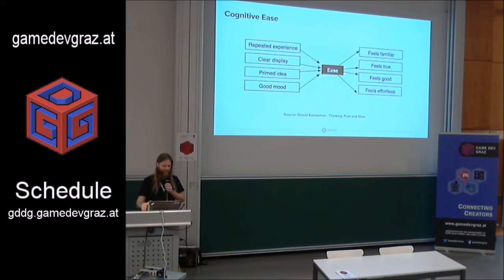If you already know this tool works like this and it does this and this is actually correct, then you are primed to this idea and you're more likely to experience cognitive ease. And the last thing, and this is actually very important, is if you're in a good mood, things that could cause cognitive strain are easier. So all of these feed into ease, and out of this comes all these nice and warm feelings.